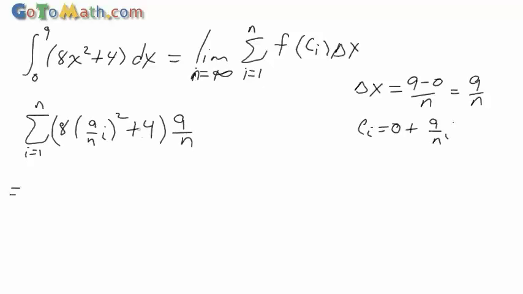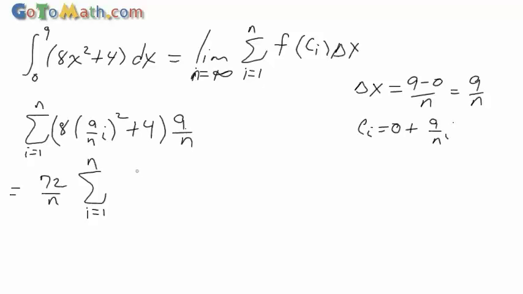All right. Let's go ahead and do a few things here. Let's go ahead and square this guy. And you know what? No, we're going to do like we've been doing. Let's take this 8, multiply it by the 9, 72 over n. Let's go ahead and do that. Bring that outside. i equals 1 to n.